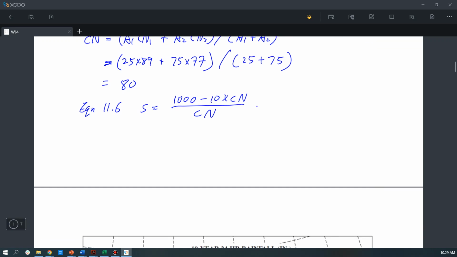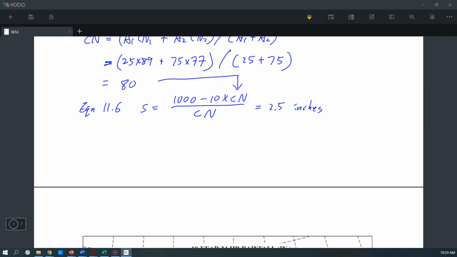You plug the 80 into this CN number, and you get that S is 2.5 inches.